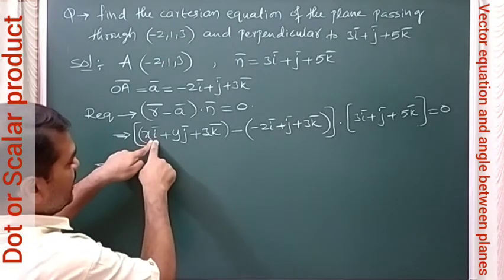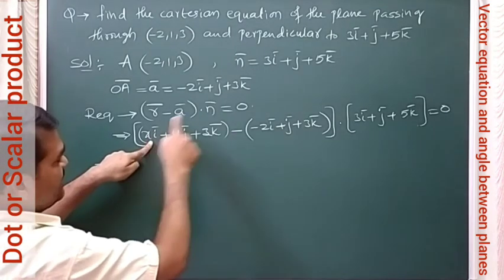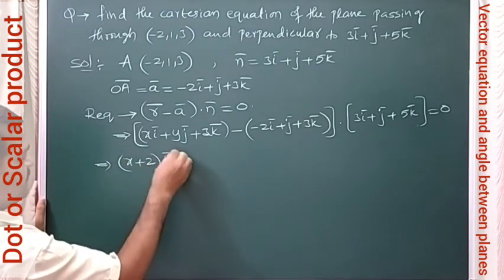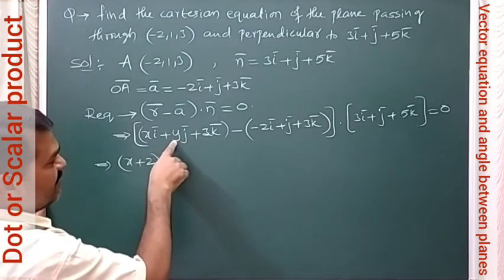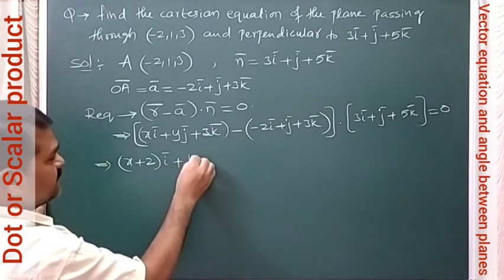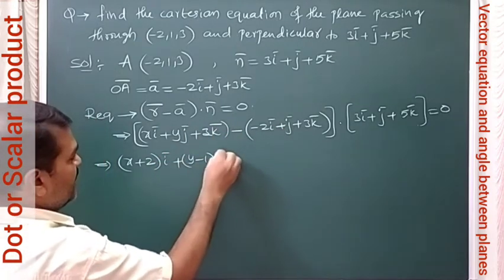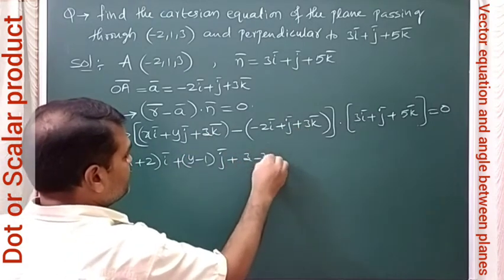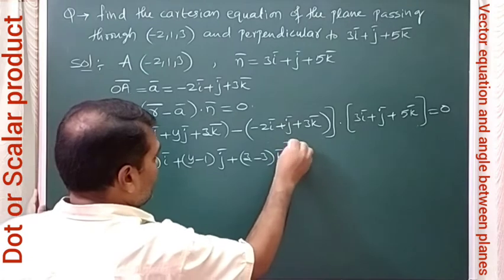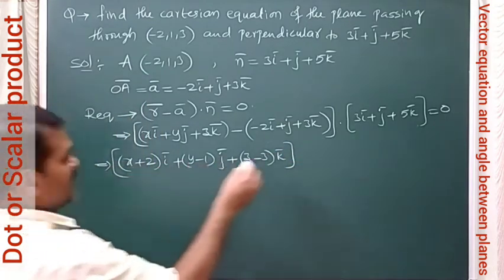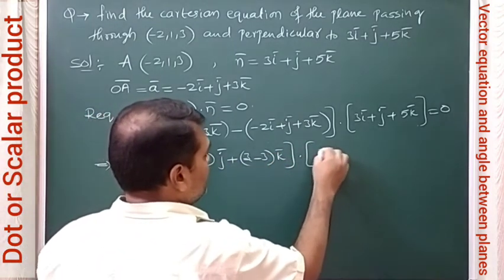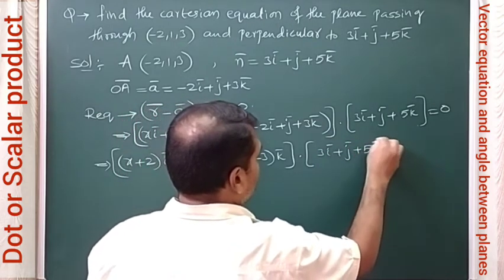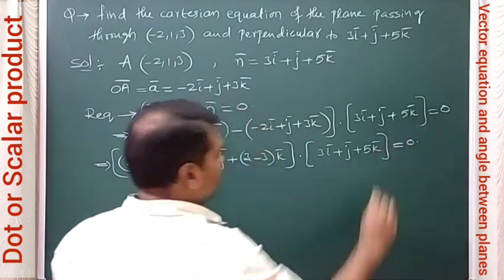See, the i bar terms first: x plus 2, i bar is common. j bar is common: y minus 1. Take k bar common: z minus 3. Dot 3i bar plus j bar plus 5k bar is equal to 0.